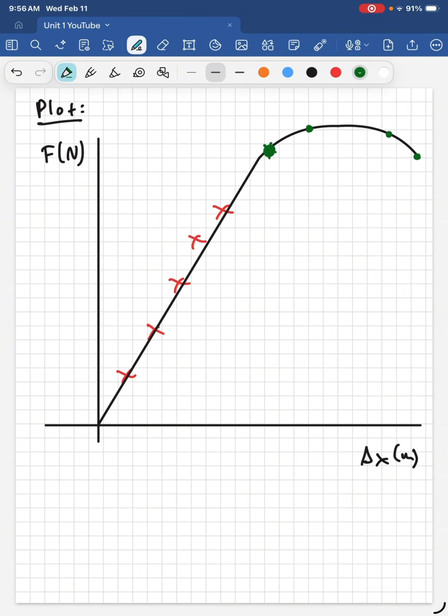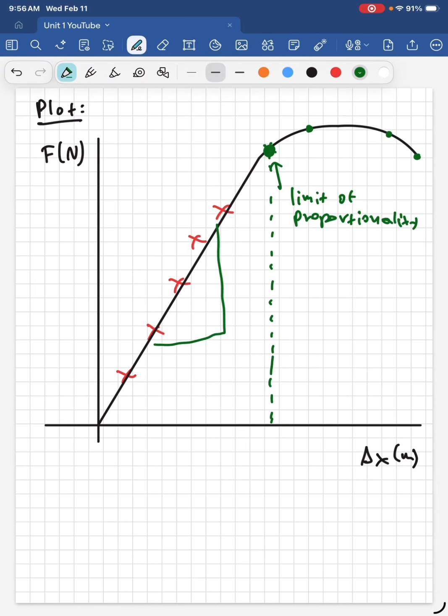This point is called the limit of proportionality, which means that in this region, Hooke's law applies. Because Hooke's law applies in this region, we know that the gradient of this curve is equal to k. Now this point over here is called the elastic limit. This point over there is called the yield, and this is called the failure.